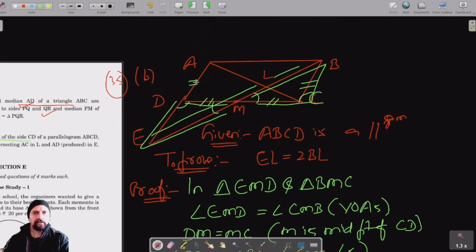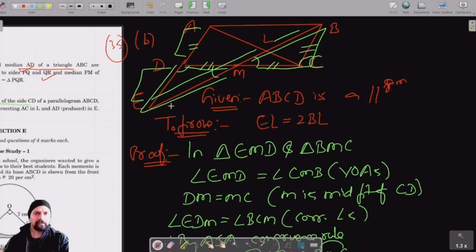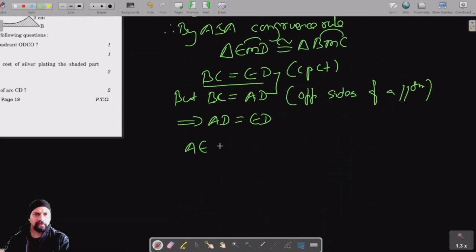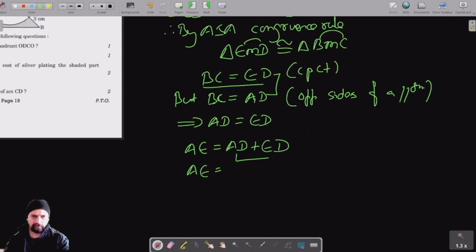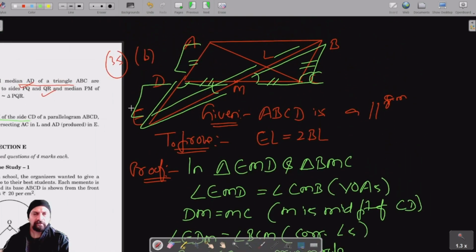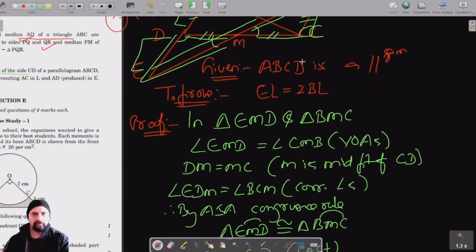So this is AD and this is ED, and these two are equal. We can write AE in terms of AD plus ED, and AD and ED are equal. So in terms of AD, I can write BC, because AD is equal to BC.